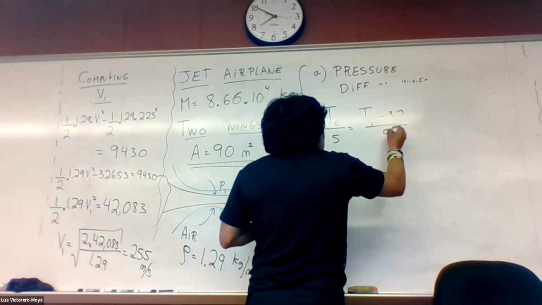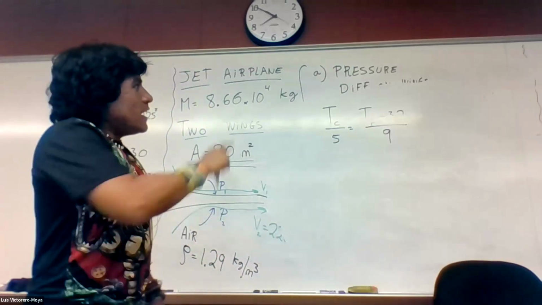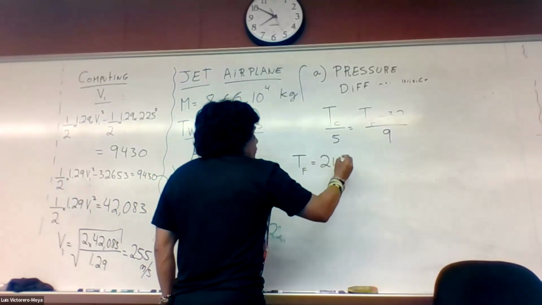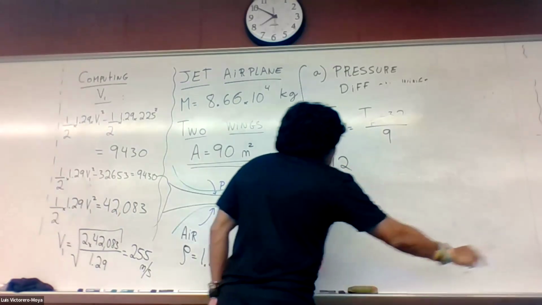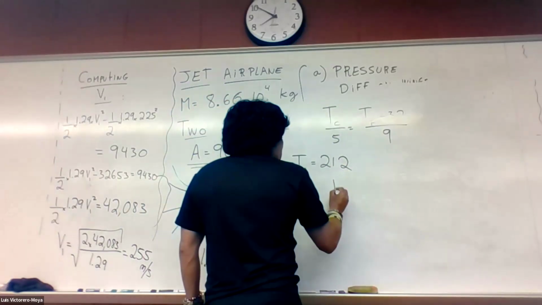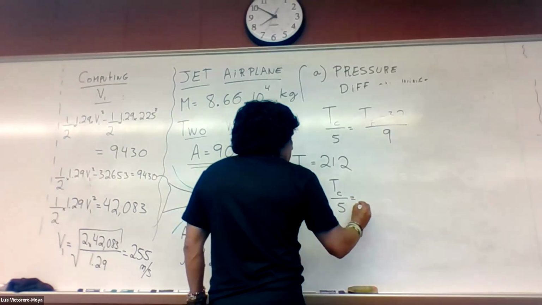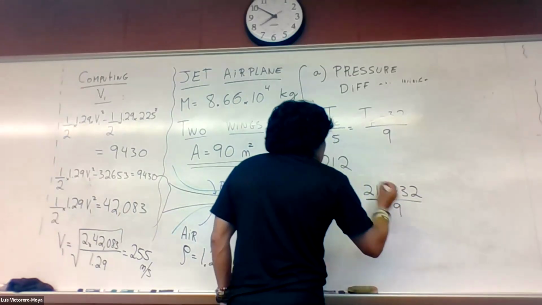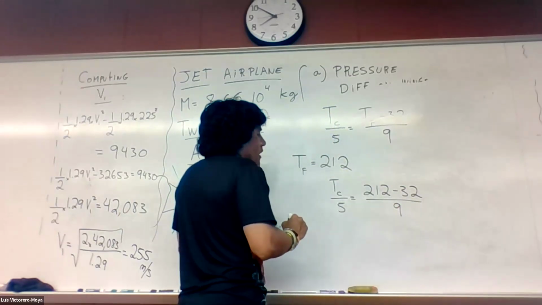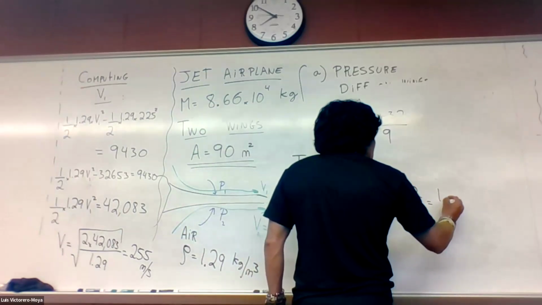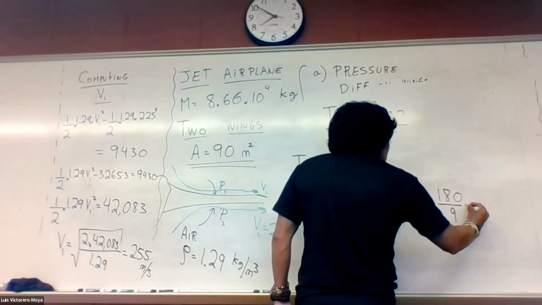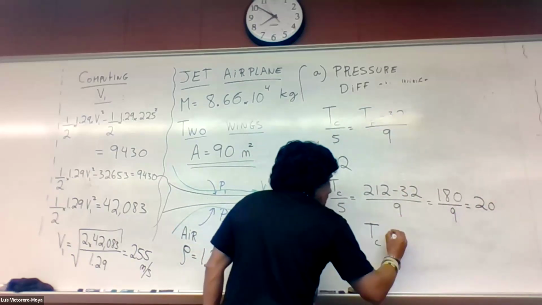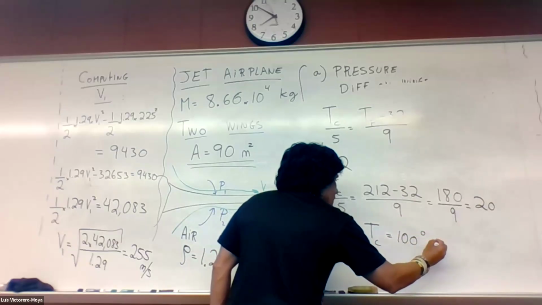That's another way of writing it. And I know that if my temperature in Fahrenheit is 212, that's the boiling temperature of water. Let's find it, right? Celsius over 5 is 212 minus 32 over 9. 212 minus 32 is 180 over 9. And that's 20. So temperature in Celsius is 5 times 20, 100 degrees Celsius.